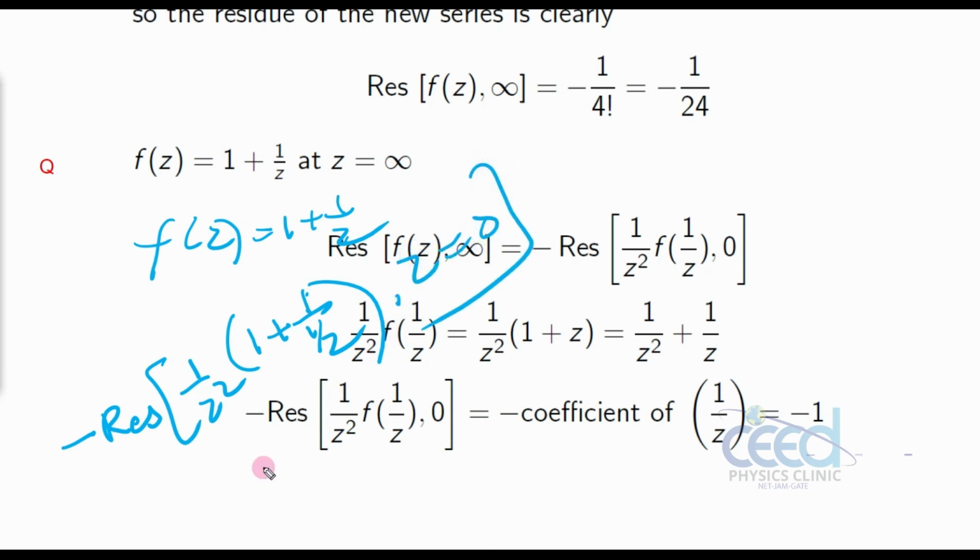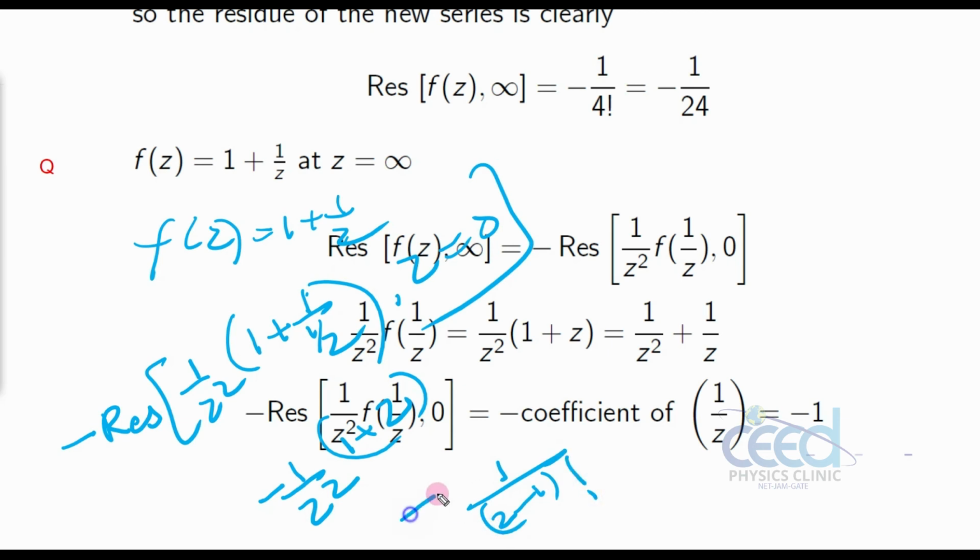So the new function is minus 1 by z square into 1 plus z. So it is a double pole at z equal to 0. How can I calculate? That is 1 by (2 minus 1) factorial, with the negative sign here, into d by dz of z square into (1 plus z) by z square.